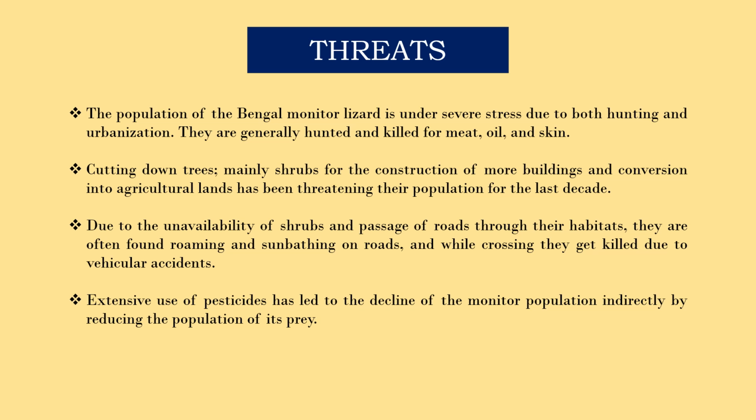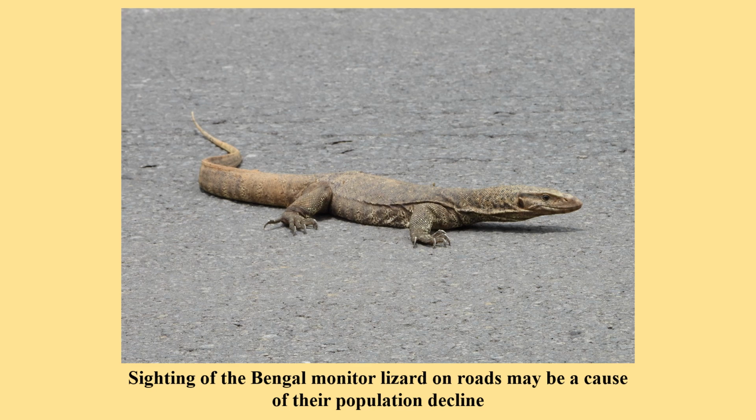So if the prey population is declining, then the population of monitor lizards will also decline. And as I was speaking, you can see we have a sighting of the Bengal monitor lizard roaming on roads, which is a cause of their population decline because of vehicular accidents.